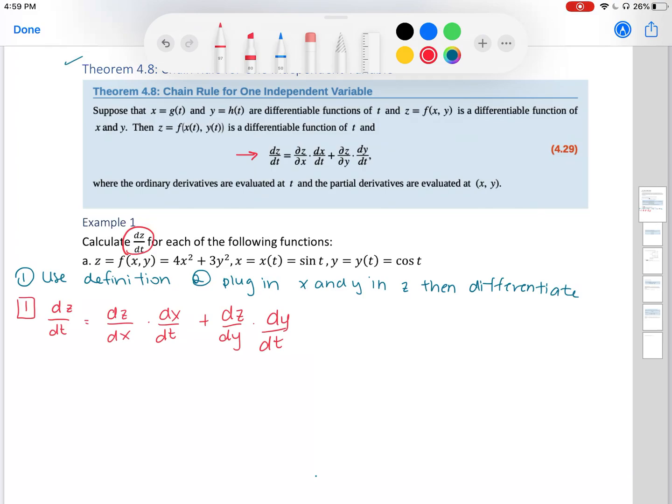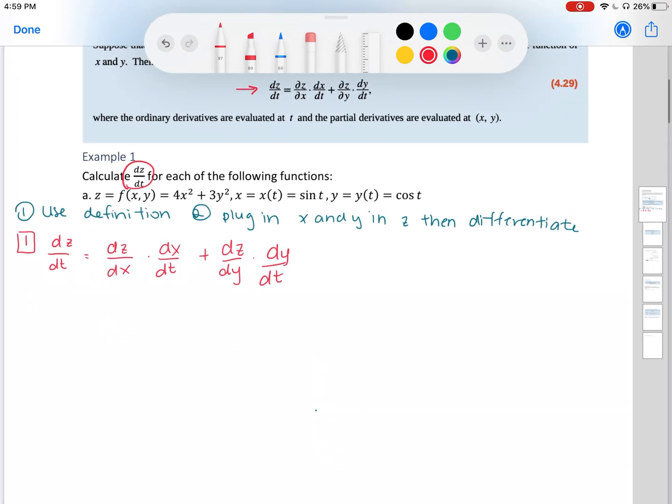And it's important to remember what it means. The first part is telling you what function, in terms of what variable. So we start off by finding our function z in terms of x. Here in terms of x, we have just 8x for the derivative.